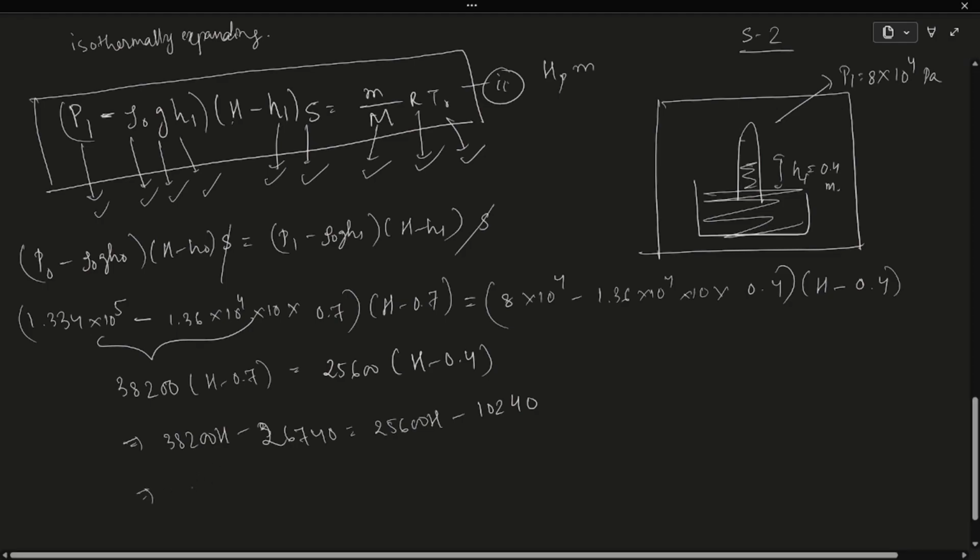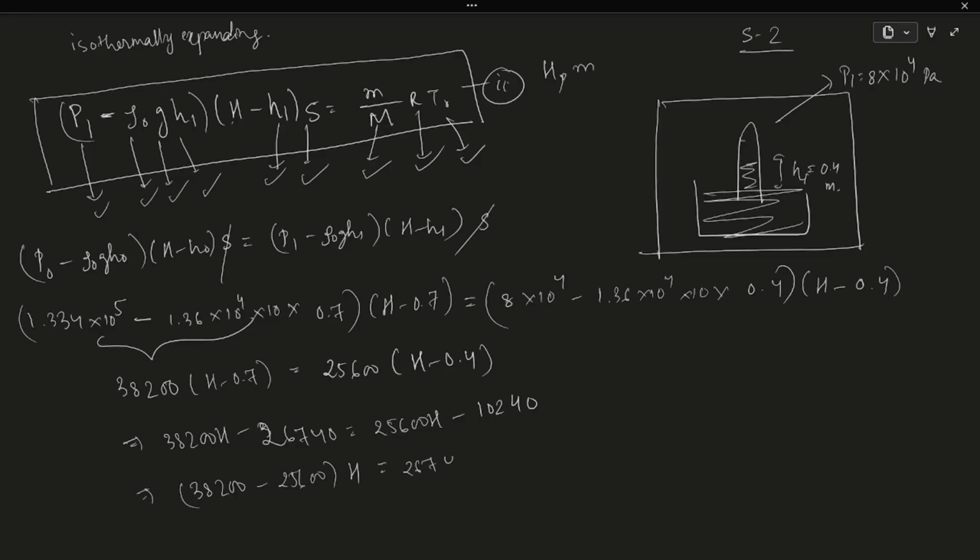Then 38200 minus 25600 times H is 26740 minus 10240.